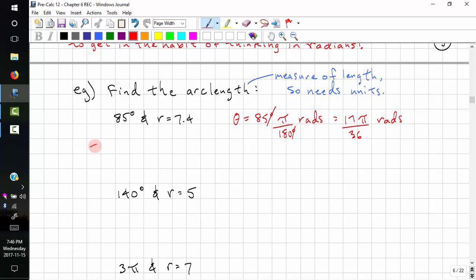Now we use the formula S equals absolute value of R theta, absolute value of 7.4 times 17 pi over 36. And this is approximately 10.978 units.